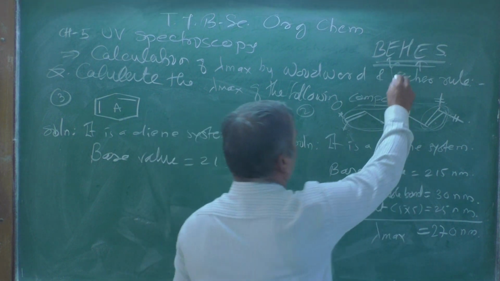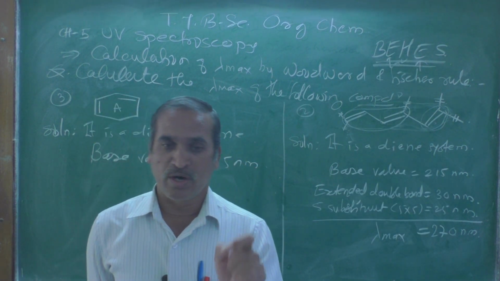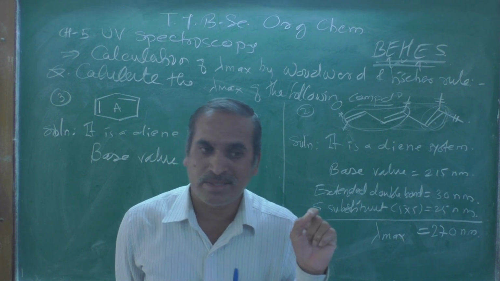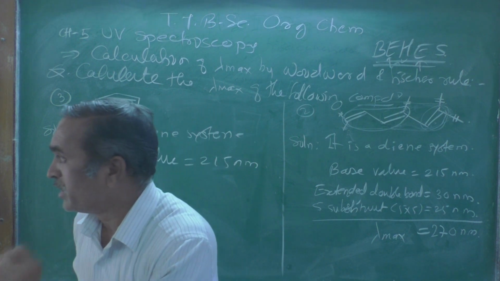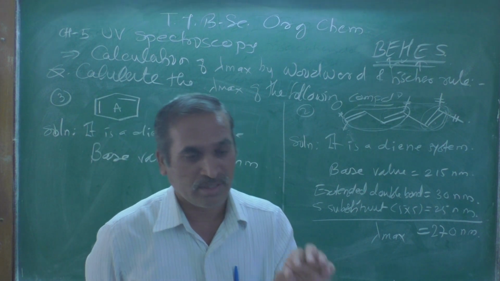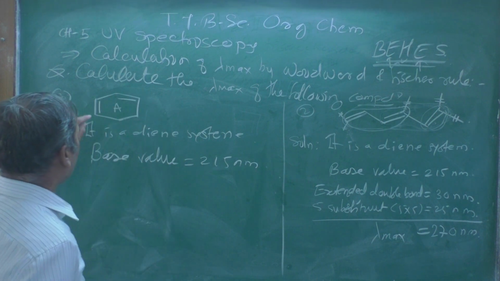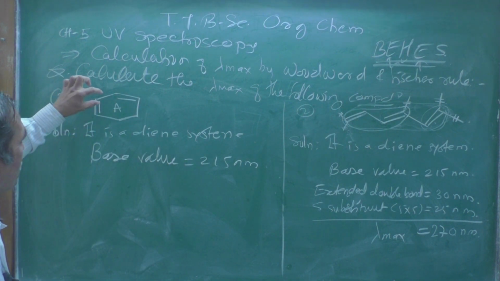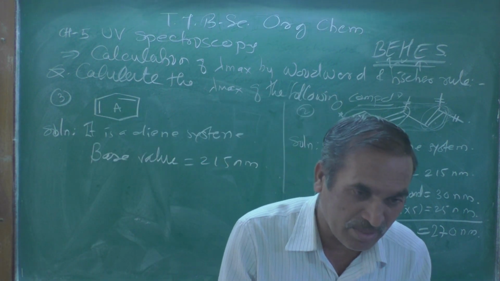Now look at the letter number 3. H stands for homoannular system. Does this compound contain a homoannular system? Yes, it has a homoannular system. Look, only one ring is present and both carbon-carbon double bonds are present in the same ring.